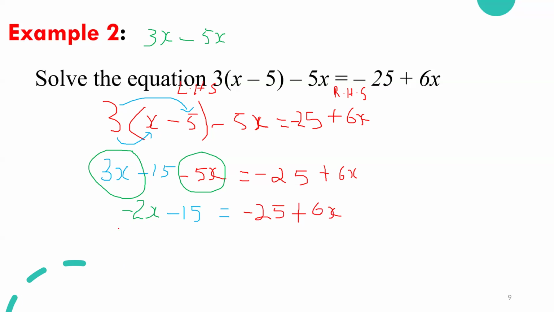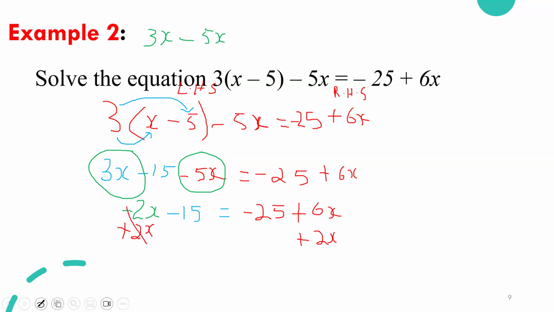To do that again, we use what we call inverse operation. So whatever is happening to the variable there, you do the opposite. So right there, we have a negative 2x. The only way to get rid of it or to make it 0 is to add 2x. If I add 2x to the left, I add 2x to the right. So this is gone.